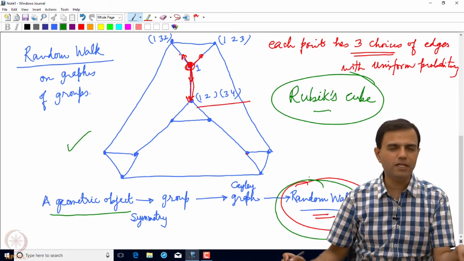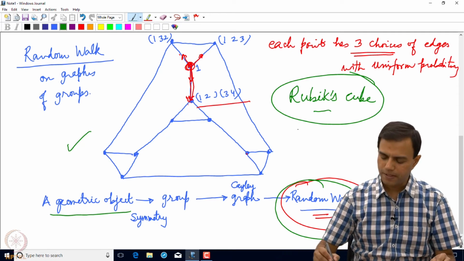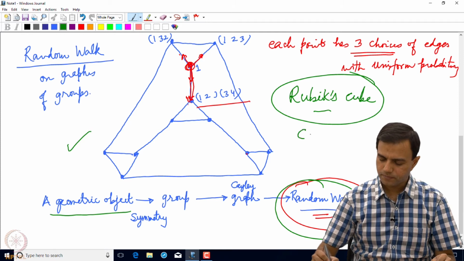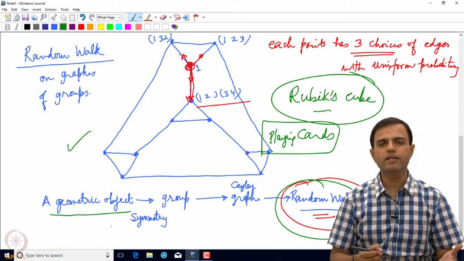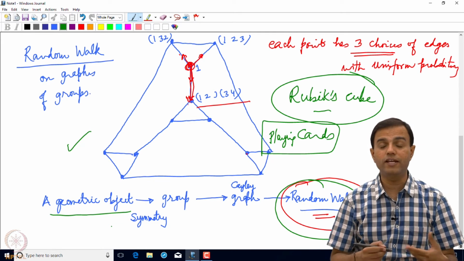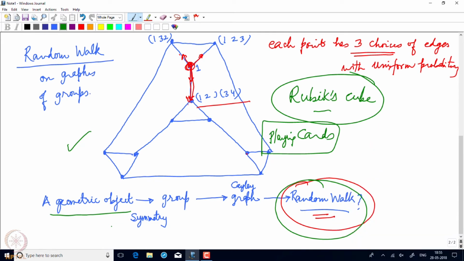And now this object need not be geometric all the time. You have, for example, cards, playing cards. When you are shuffling playing cards in a very random fashion, what is happening? Card shuffling is actually a random walk.